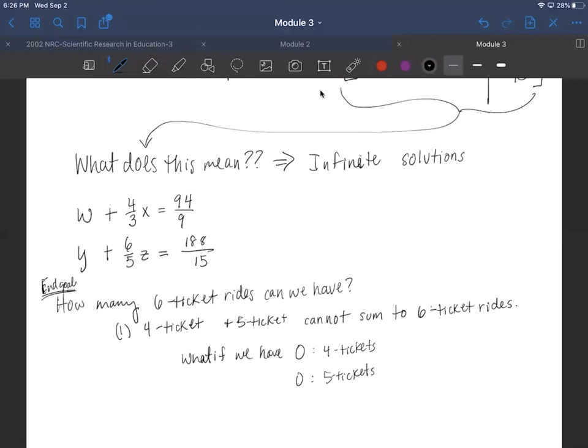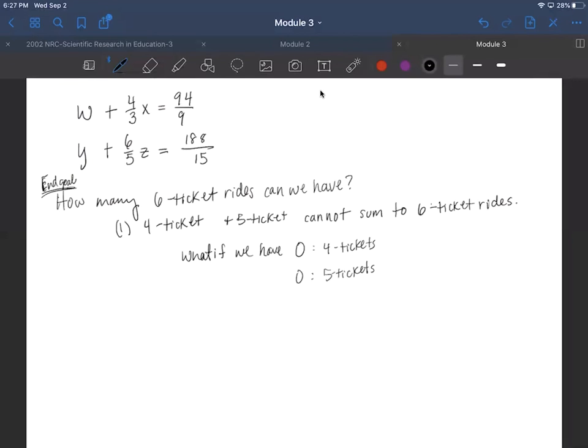How many 6 ticket rides can we possibly get, you guys? With that being said, I can use either of these equations. Remember, 4 ticket rides were represented by the variable X, and 5 tickets was represented by Y.